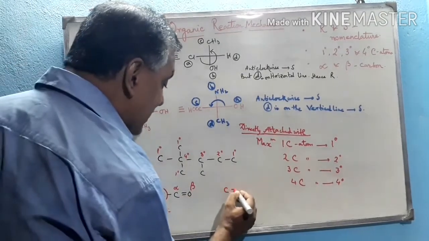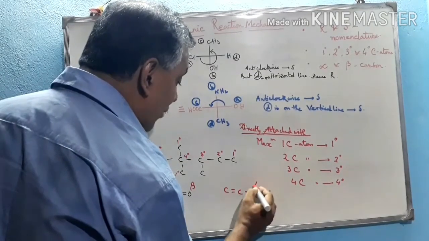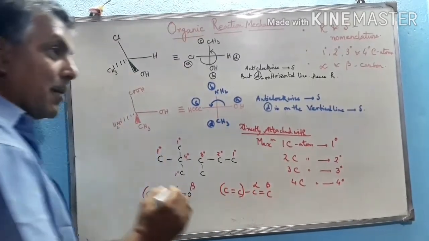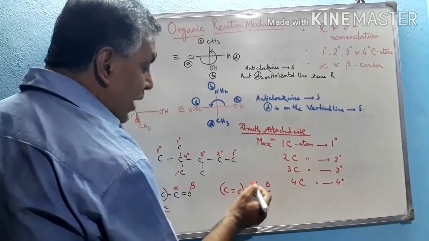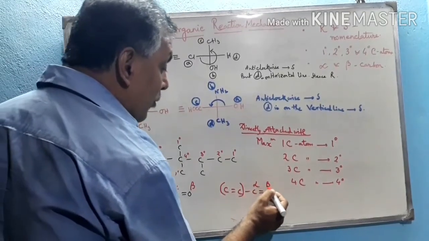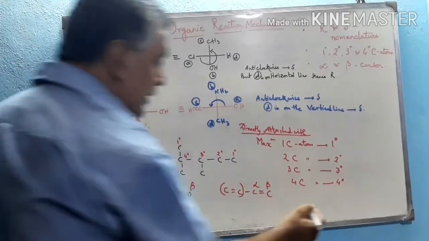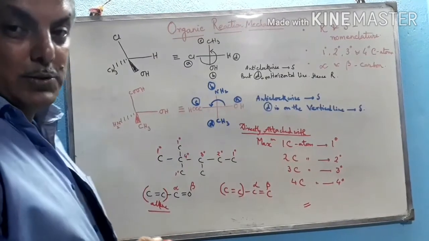That may be like this. Alpha beta unsaturation occurs. This is also alpha, this is also beta. If we mark this alkene part as the main part, then this is alpha, this is beta. So directly attached carbon is called the alpha carbon, and the carbon which is directly attached with the alpha carbon is called the beta carbon. Now these are the defined forms of the alpha and beta carbon atoms.